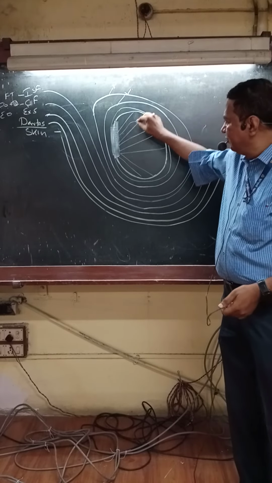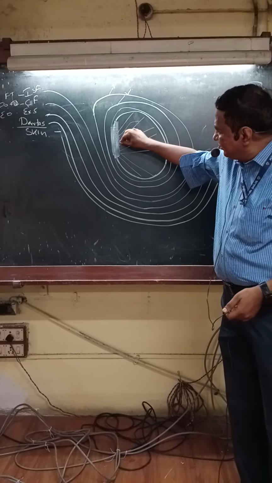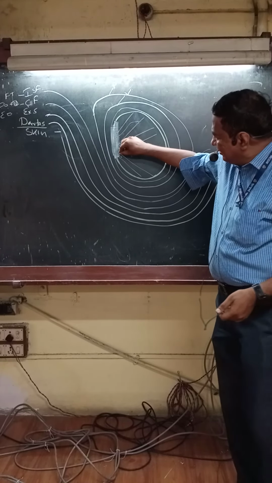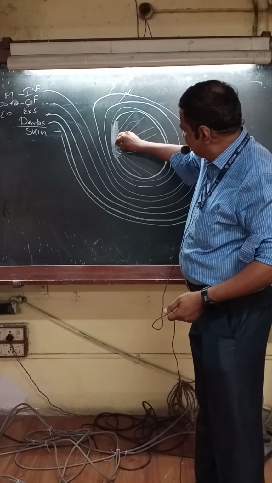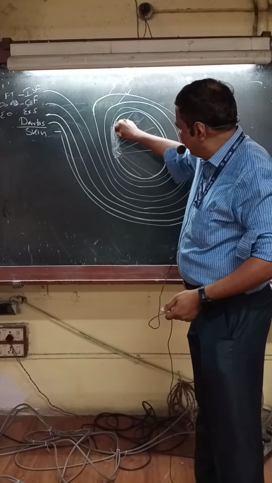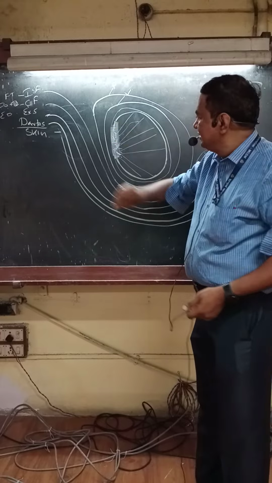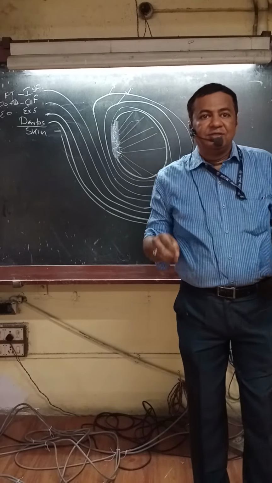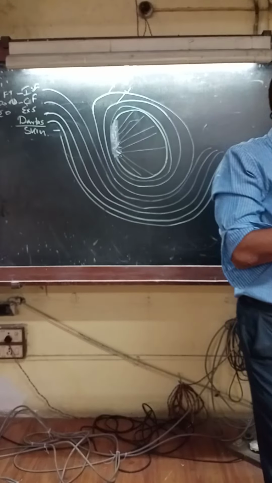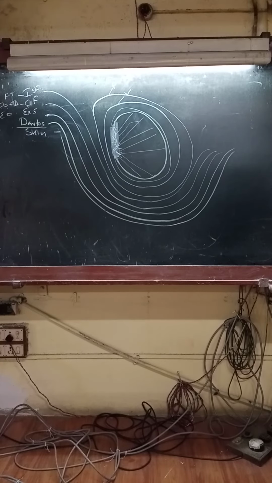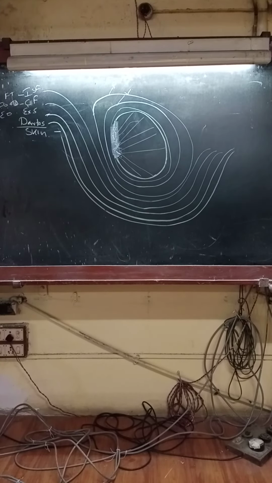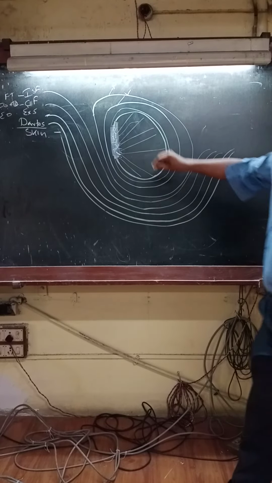So these seminiferous tubules, as they come here, their ducts form a reticulum, which is called rete testis. The reticulum formed from the ducts of the seminiferous tubules inside the mediastinum testis is called rete testis.